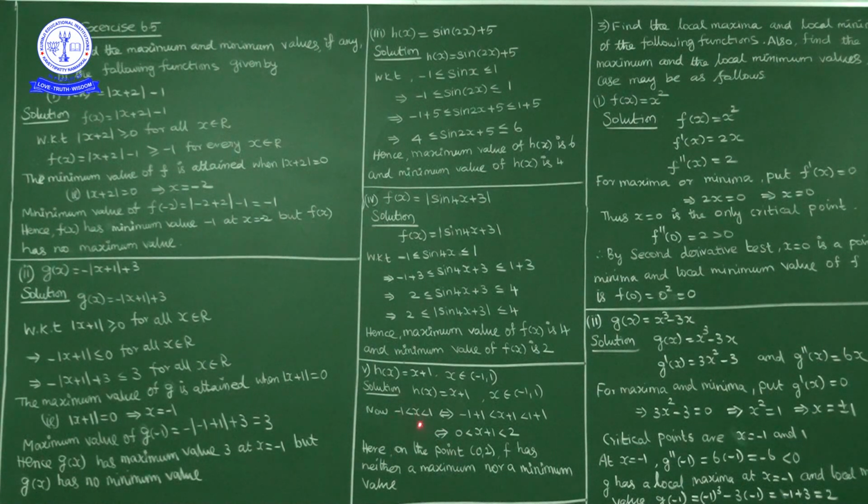Add 1 throughout. So what do we get? 0 is less than x plus 1, which is less than 1 plus 1, nothing but 0 less than x plus 1 less than 2. So x plus 1 lies between 0 and 2.